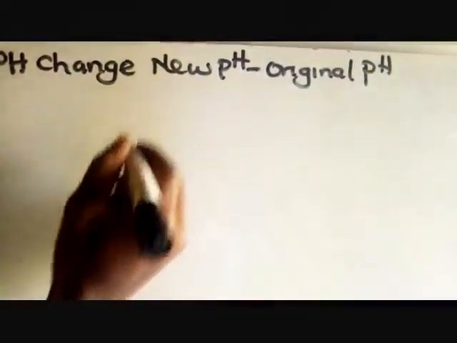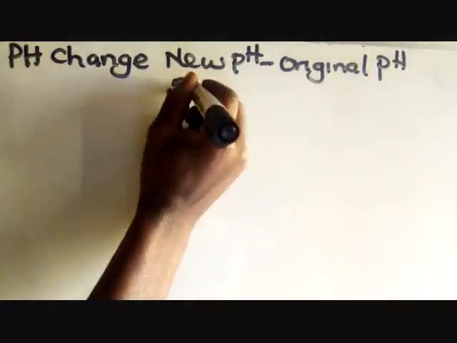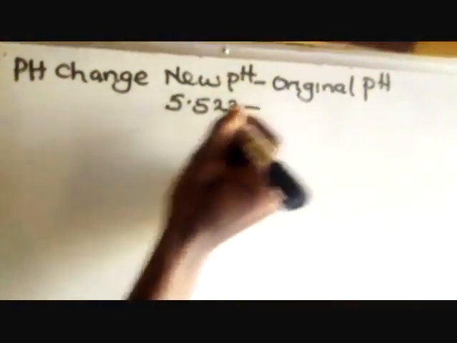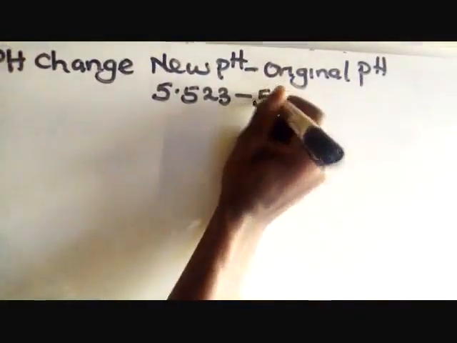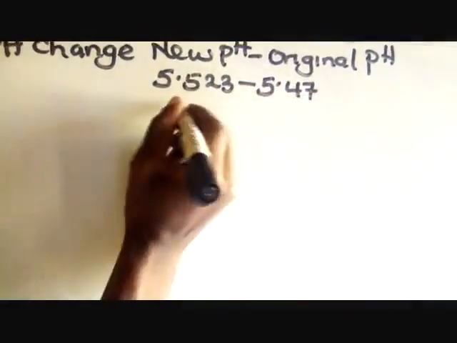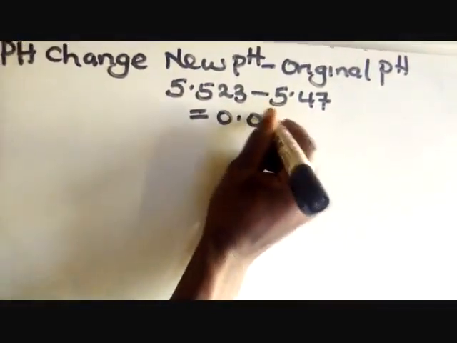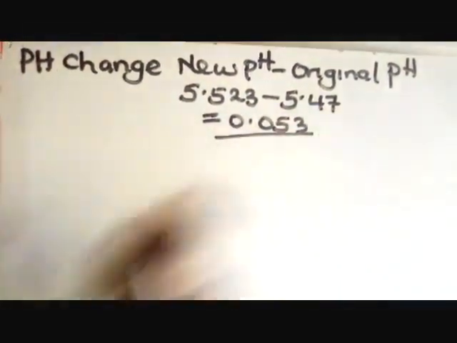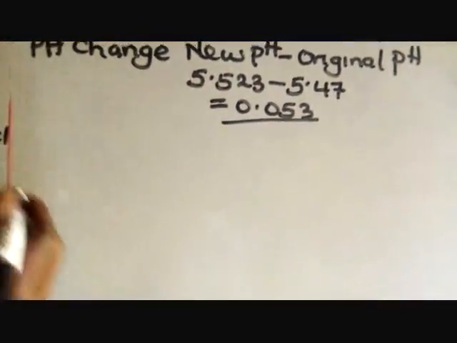So we shall get the new one as 5.523 minus the original pH which we got in part A, it was 5.47, and our pH change now is going to be 0.0553 units. Now, from there, we can go to part B, Roman 2.